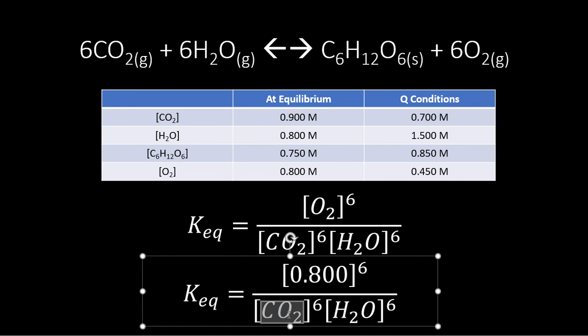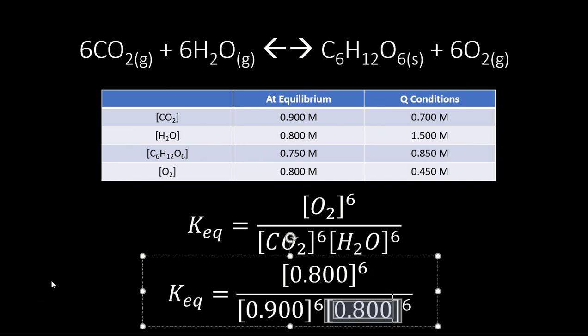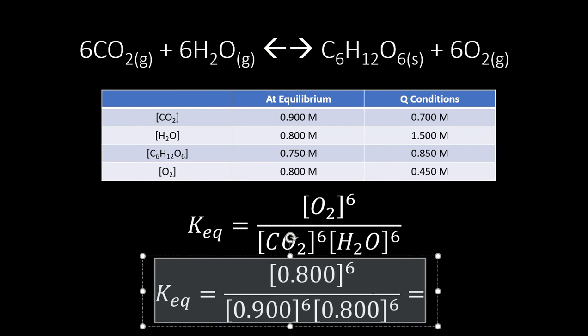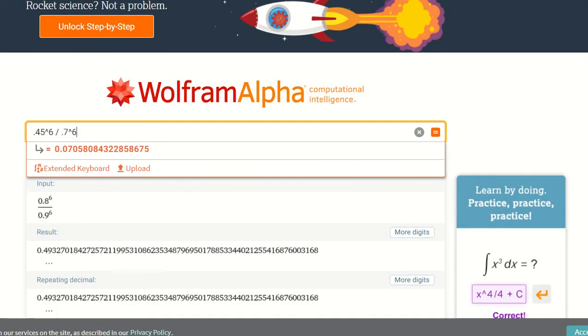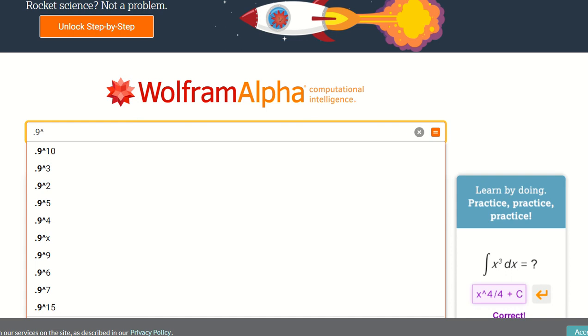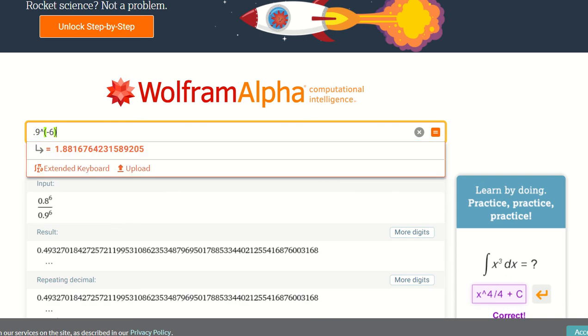The concentration of carbon dioxide is 0.900, and the concentration of water is 0.800. That would equal 0.8 raised to 6 divided by 0.8 raised to 6. That leaves us with just 1 divided by 0.9 raised to the 6th, or 0.9 raised to the negative 6th.